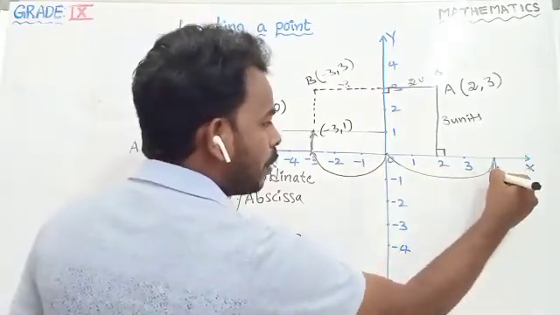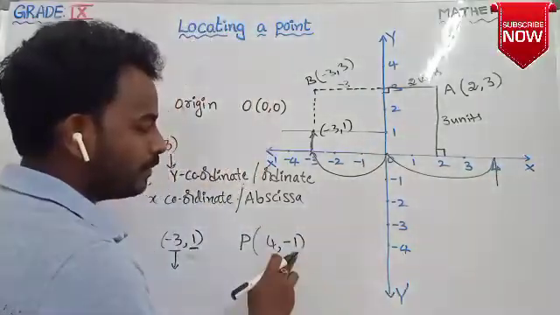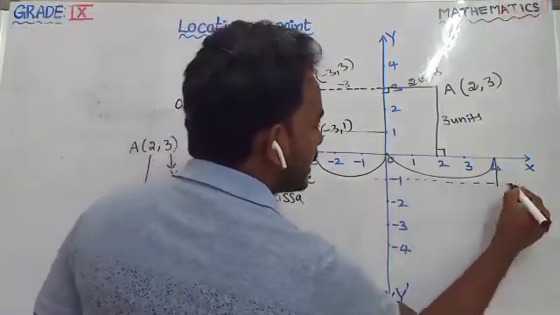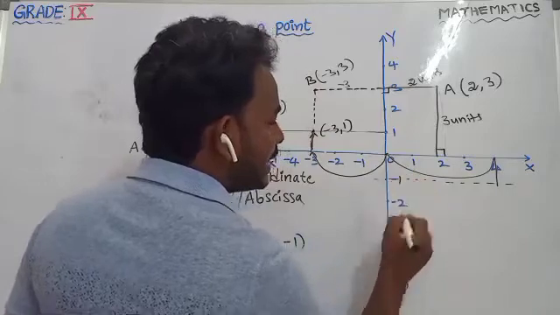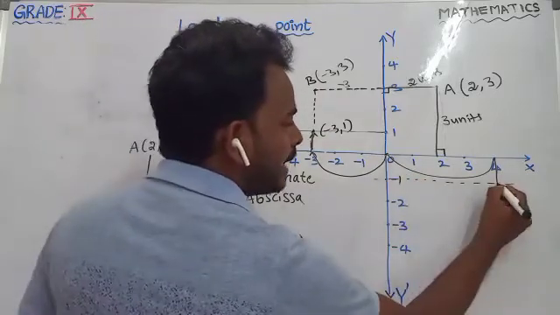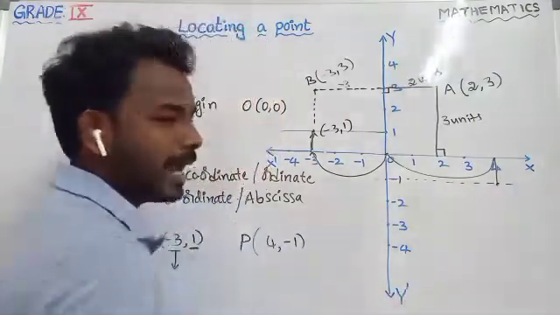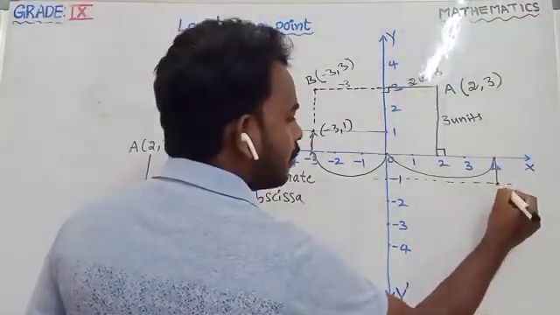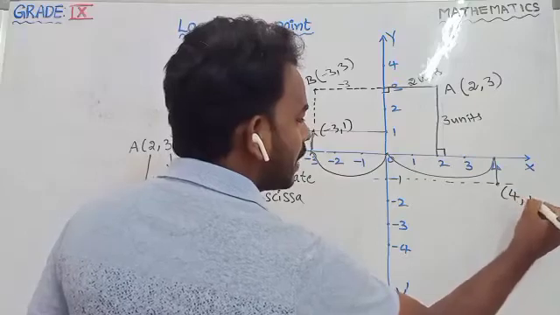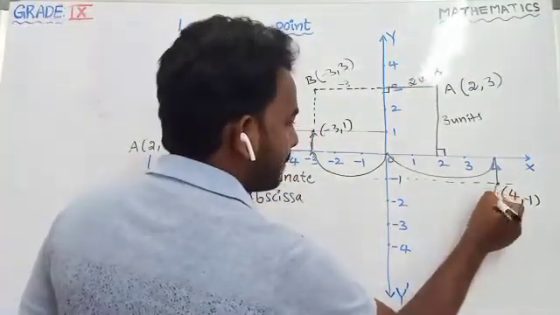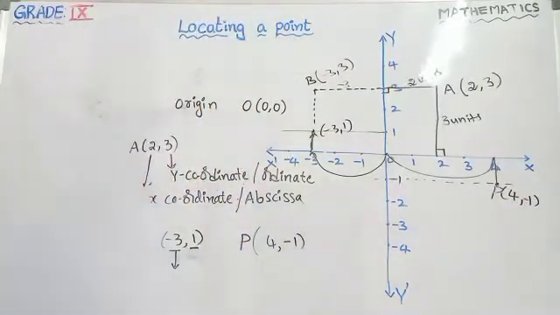How many units do you need to go down? 1 unit. So you will have a line passing through -1 in the graph sheet. That line will intersect this line at one point. That one point is considered as 4 comma -1, that is P, the location of point P.